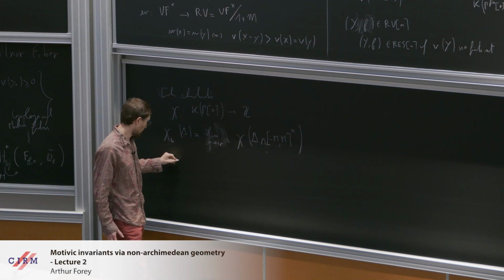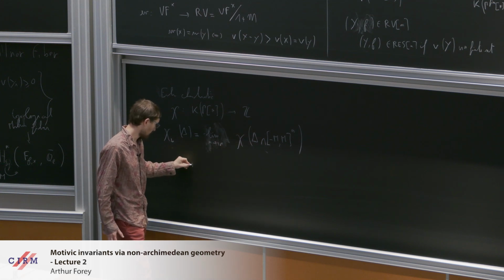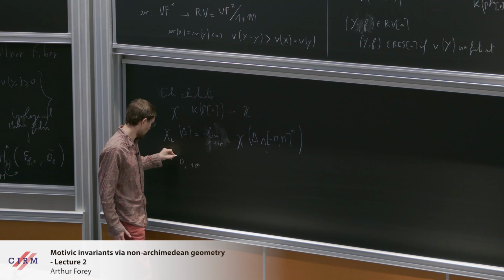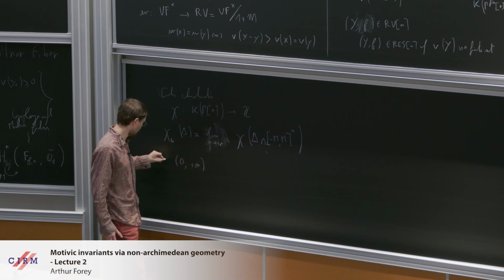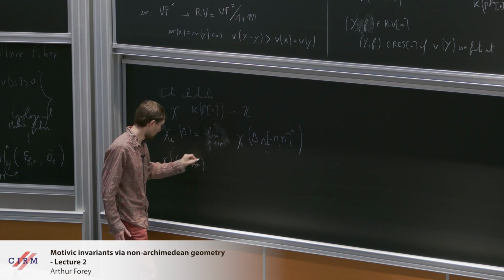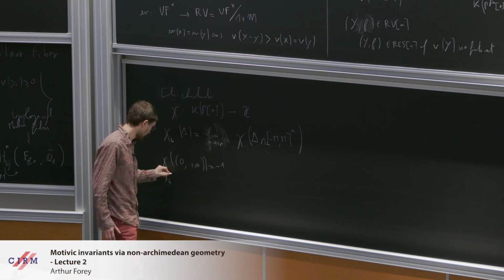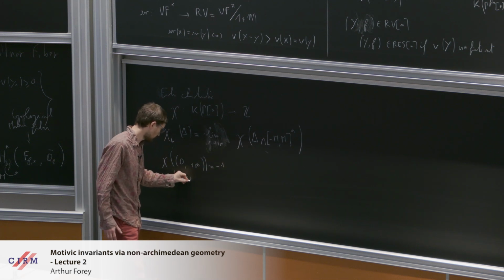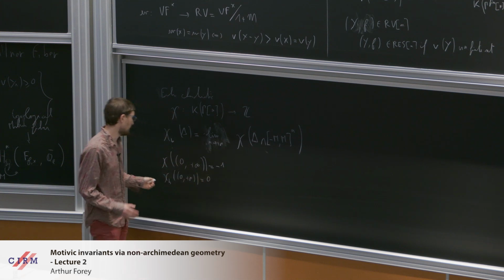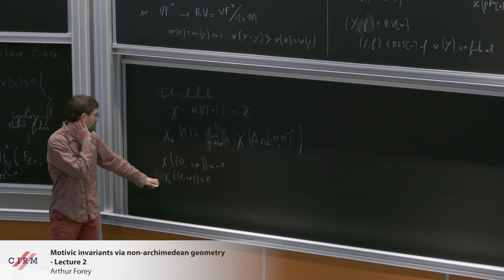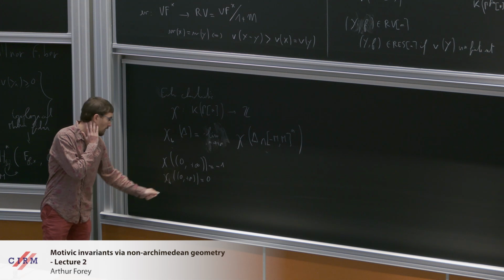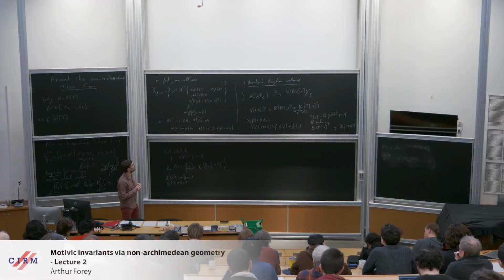But for unbounded sets, for example 0 to plus infinity, the Euler characteristic is -1, but the bounded one is 0. That's something really new, this bounded Euler characteristic, and that's the one we need.